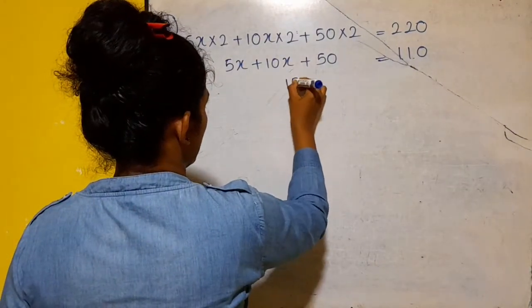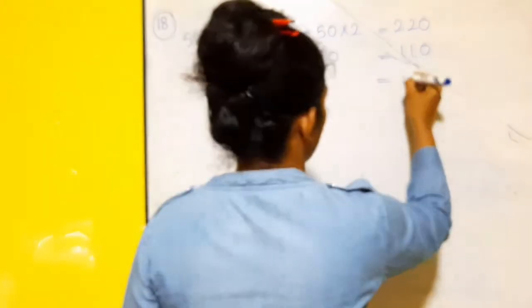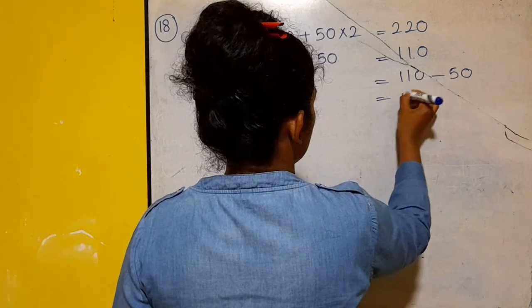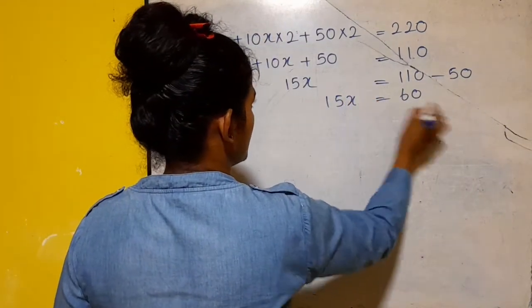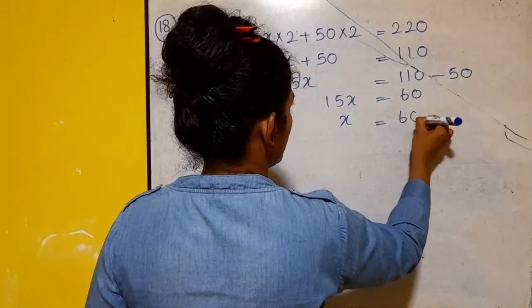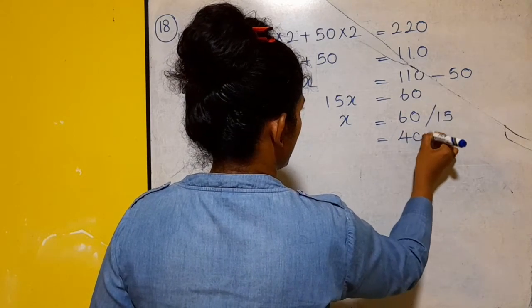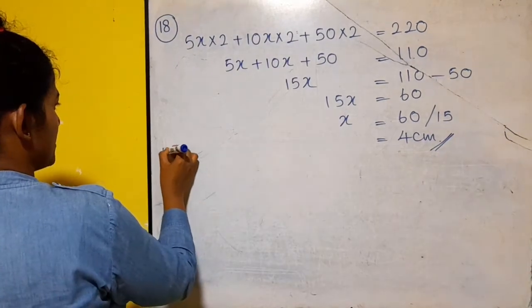Here 15x, then we take plus 50 to this side: 110 minus 50, that is 60. 15x equals 60. Then you can find x by dividing 60 by 15. That is 4 centimeters. This is the answer for the 18th question.